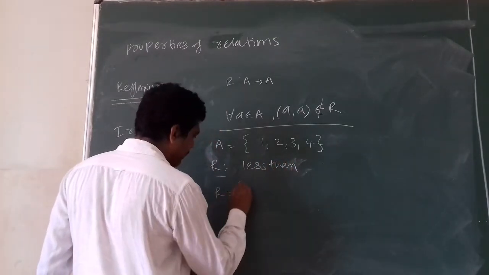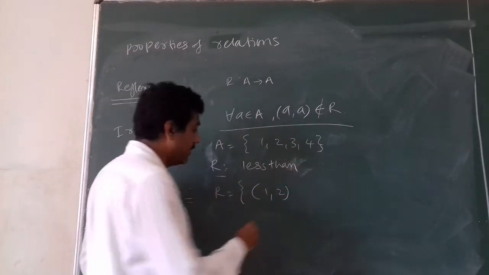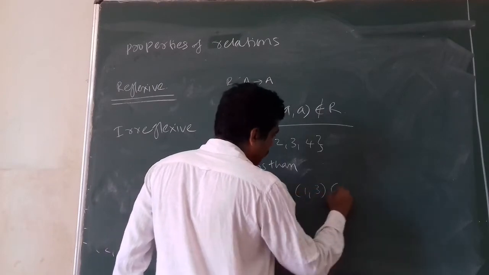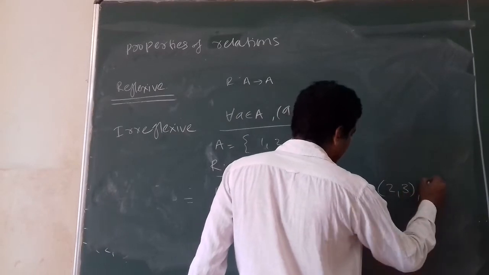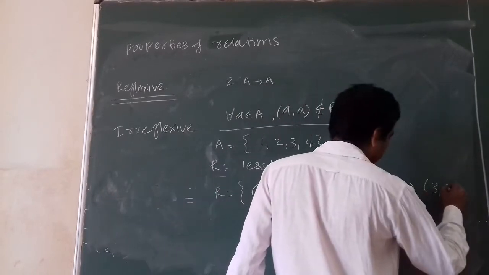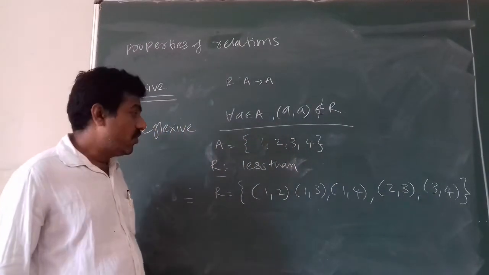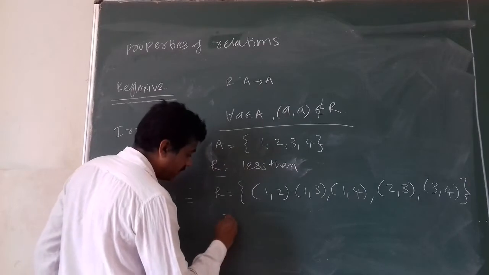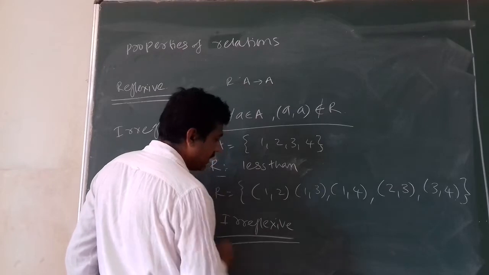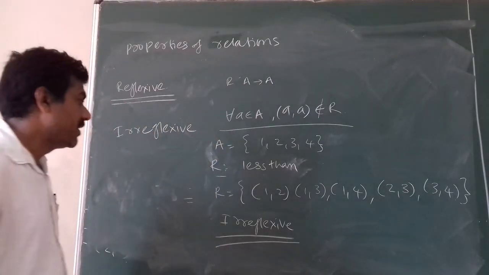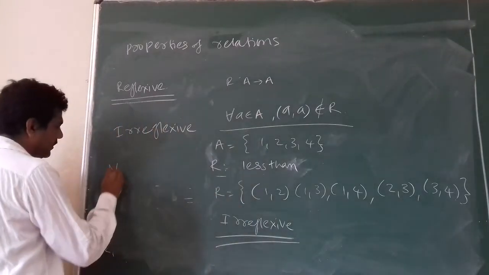So this relation will contain 1 comma 2, likewise 1 comma 3, 1 comma 4. Okay. Next 2 comma 3 will be there, and next 3 comma 4. So this will be our relation R, and if you observe, this relation R is an irreflexive relation. Okay. So this is the example for irreflexive. One more we will see, that is not reflexive.